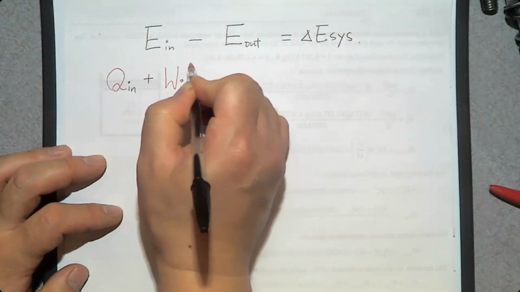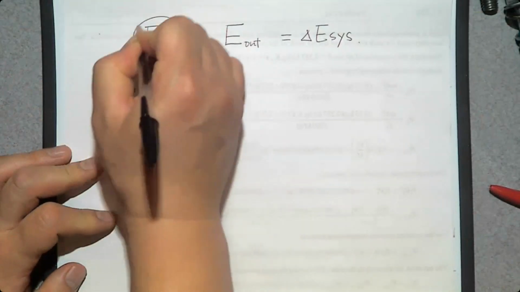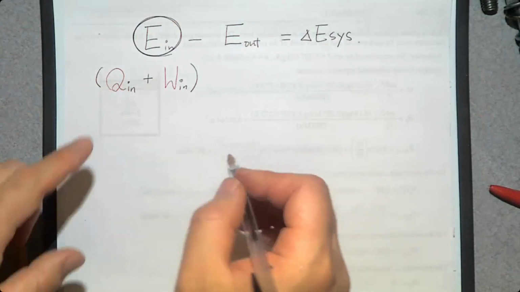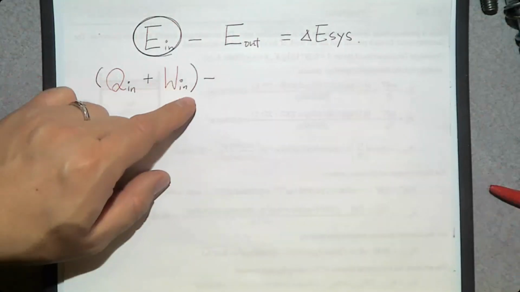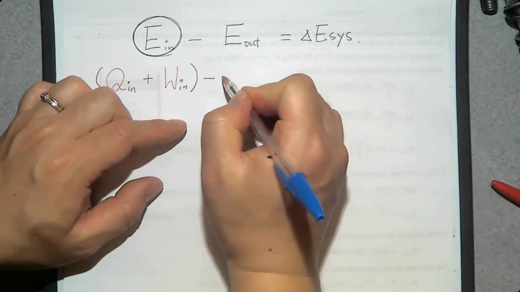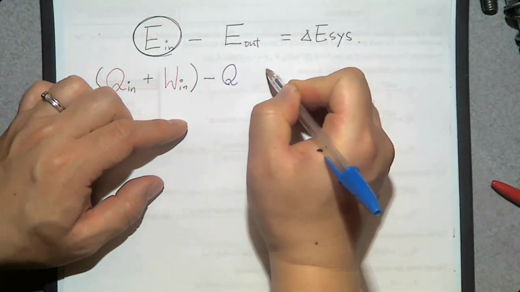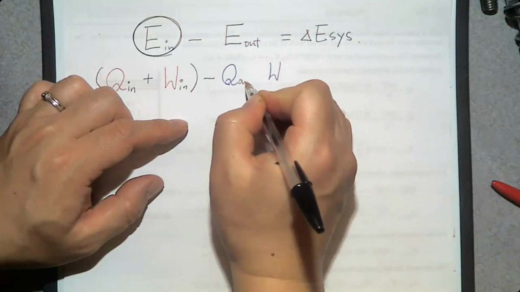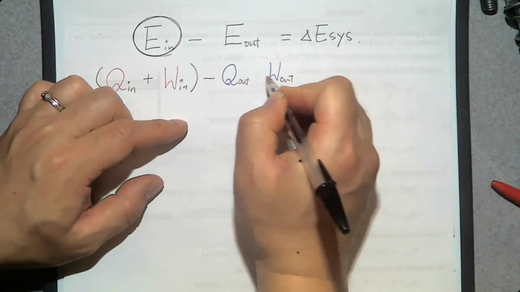So these are energy transfer in. Then what about energy transfer out? There are 2 of them. Again, Q and W. So we have heat transfer Q out and energy transfer by work W out.